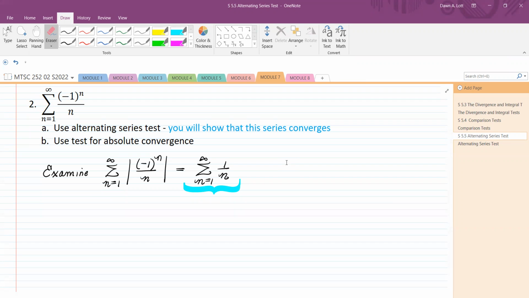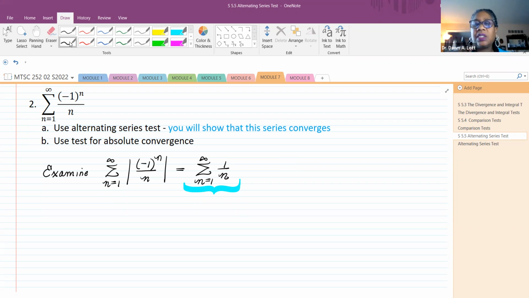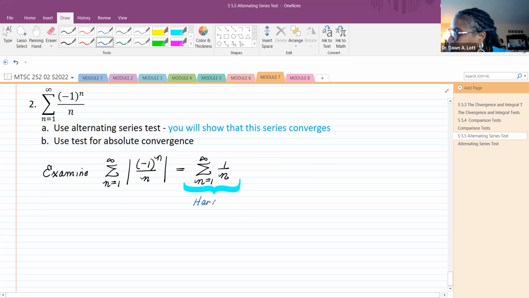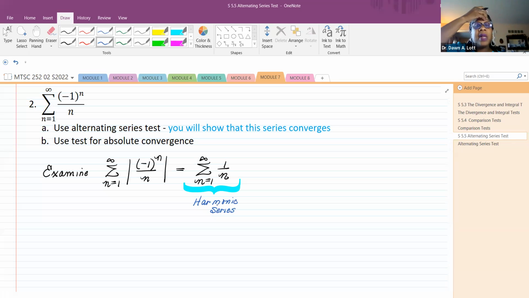Now the P series when n equals 1, you are right. That is a P series. The P series when P equals 1 has a special name. This is the harmonic series. You remember? And the harmonic series, does it converge or diverge?